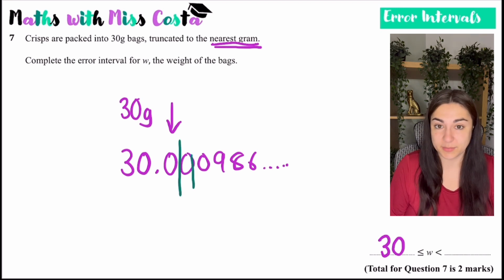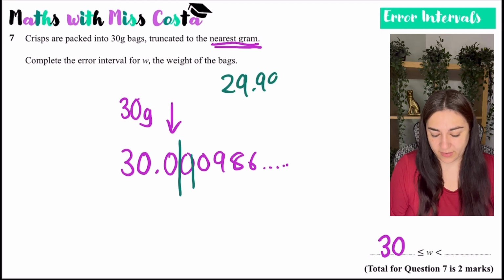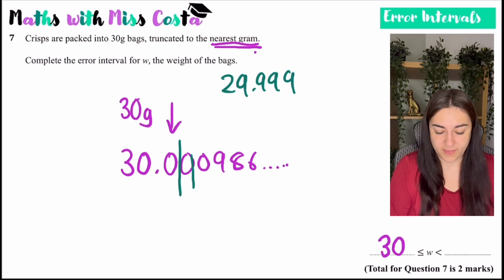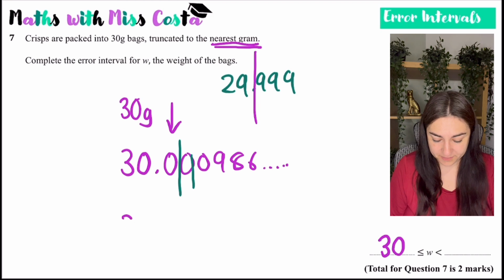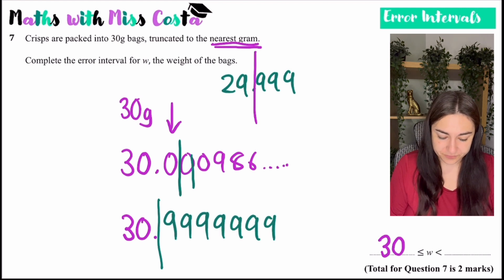It doesn't matter because I'm truncating. So the lowest possible value would be 30. If it was 29.99 whatever, then to the nearest gram, I would have just truncated it to 29. So that's why 30. And then, because it's been truncated to 30, I know that it must be 30 point something. The highest possible value it could be is 30.9 recurring.